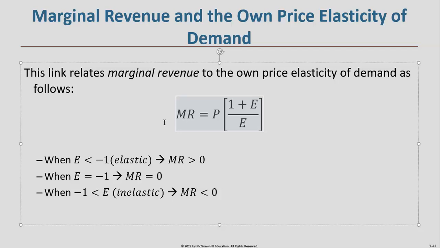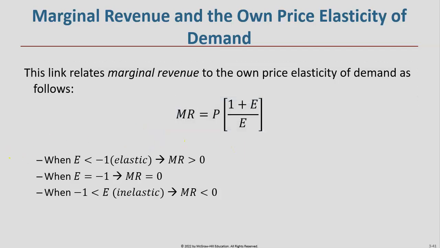And if you think that the demand curve for your product can be approximated with a linear demand curve, then you can figure out if you are on a positive or negative marginal revenue portion, and that can help you determine what will happen to revenues if you increase or decrease the price.